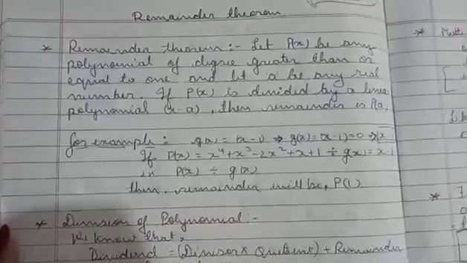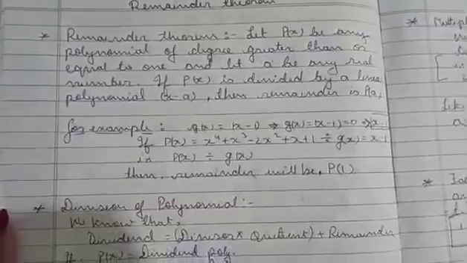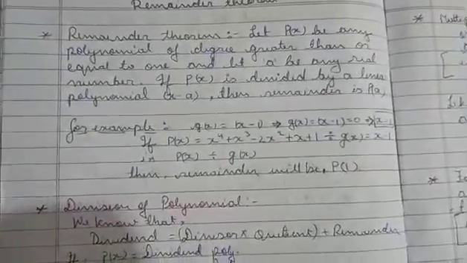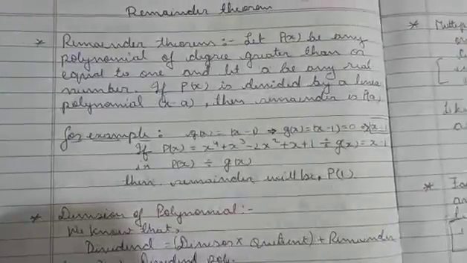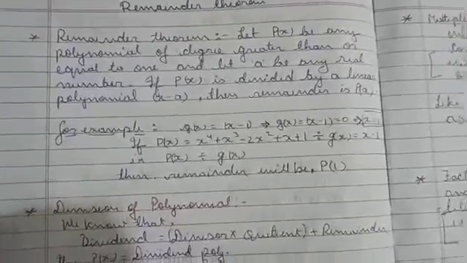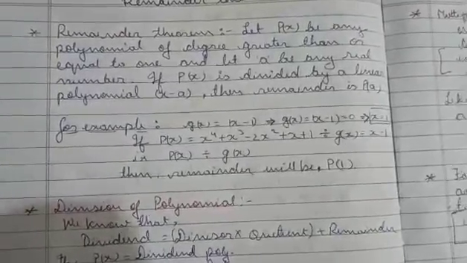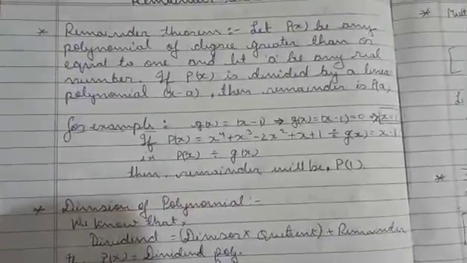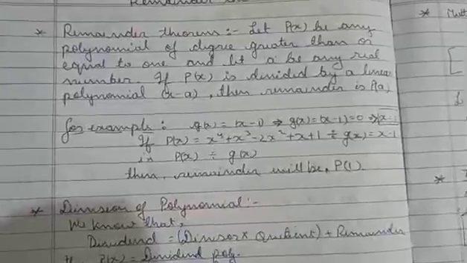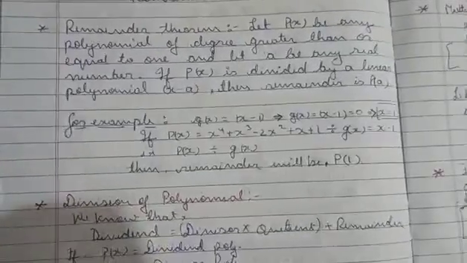In previous videos we have learned the very basics of polynomials: what are algebraic expressions, what are polynomials, what are the types of polynomial, what is the degree of a polynomial, what is the value of a polynomial at a given value of the variable, what are the zeros of a polynomial, and how to find the zero of a linear polynomial. These are the things we have studied in the previous videos from this chapter.